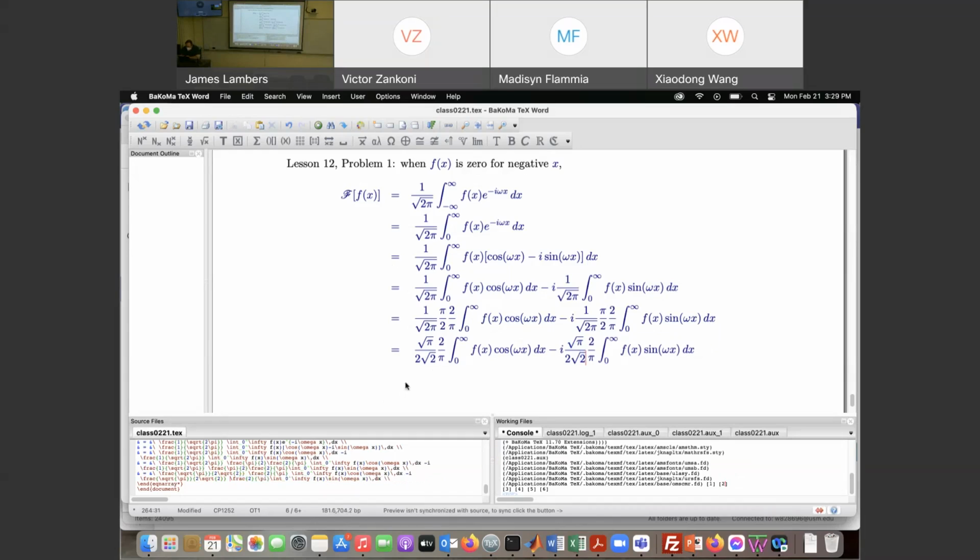Okay, so now look at what's left. 2 over pi, integral from 0 to infinity, f times cosine.